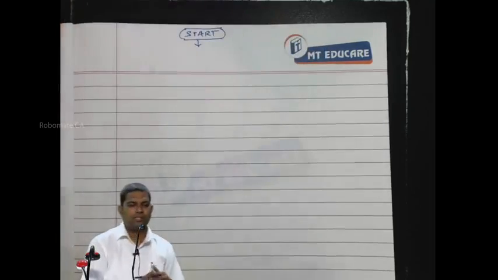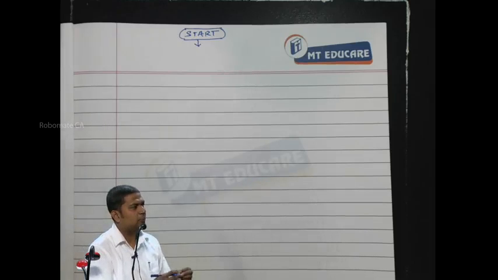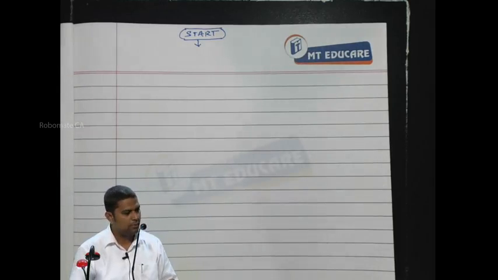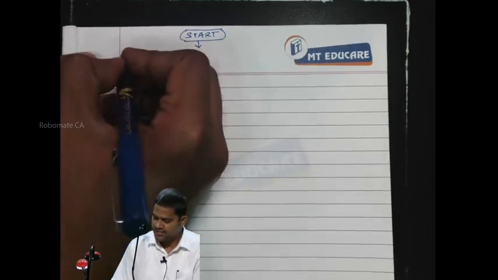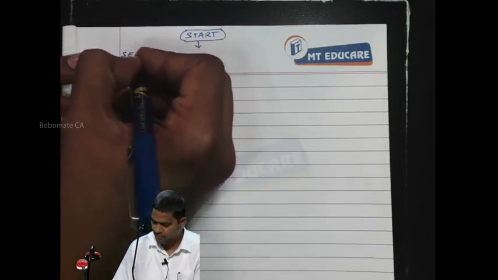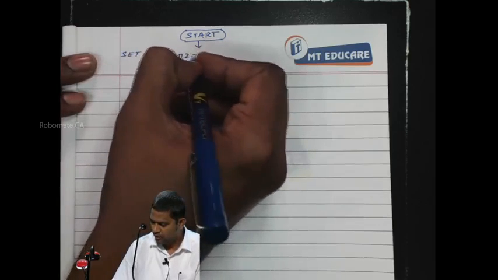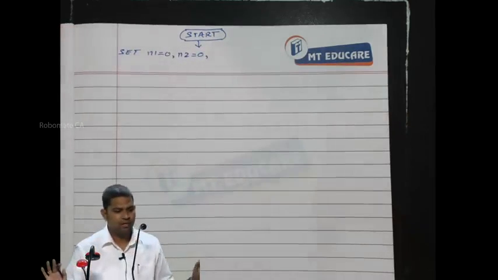Now, when the question says that we are supposed to accept two numbers, that means we will be requiring two numbers. So we say set n1 equal to 0, n2 equal to 0. Okay? We have two numbers.